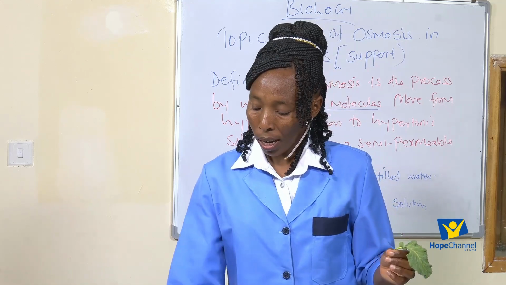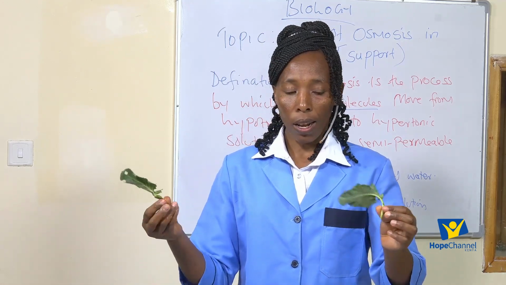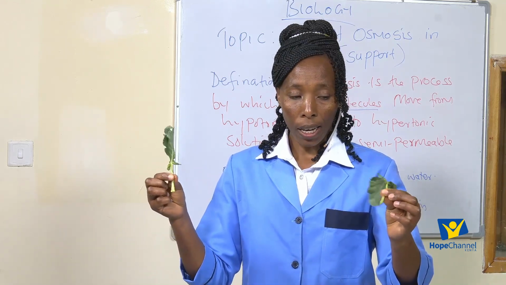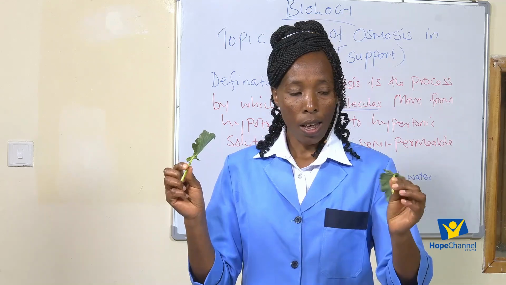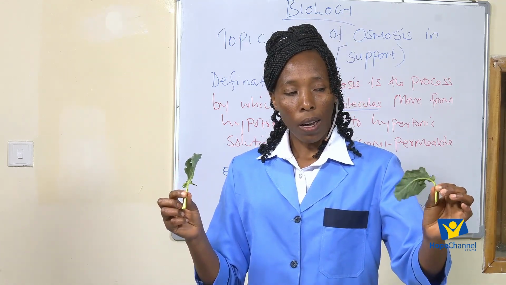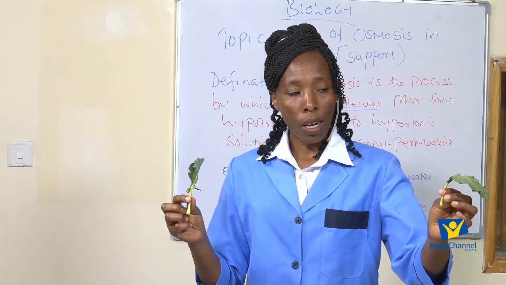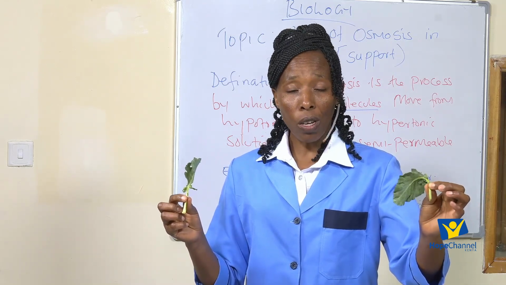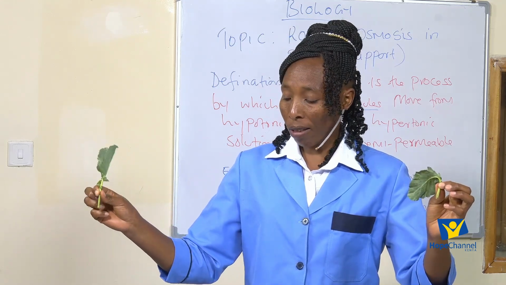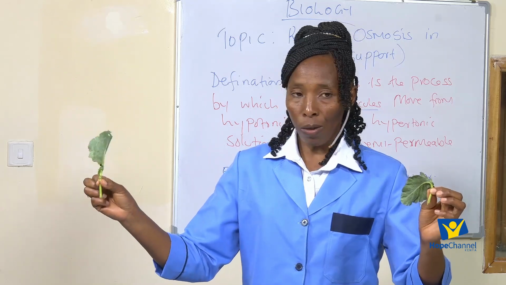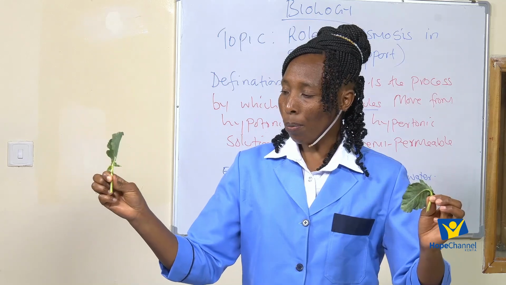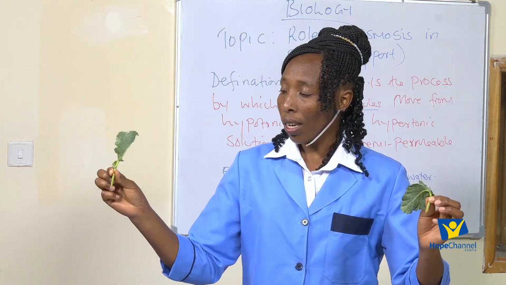So if you were to make an observation by feeling, you would find there is a difference. The leaves exposed to the air, if you look at the stem, the part of the stalk, are very soft, flaccid, okay? But the one placed in water, if you press on it, is very hard. And of course, at that point, we say the cells are probably very turgid.